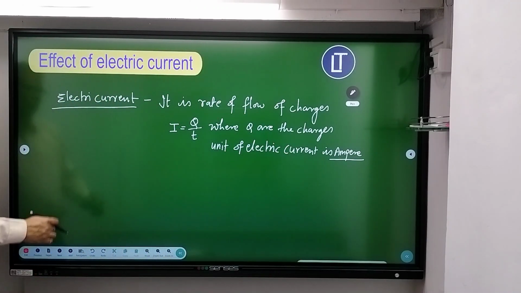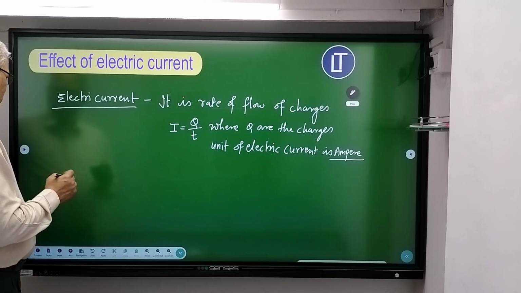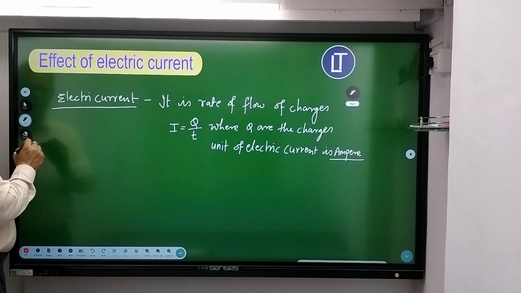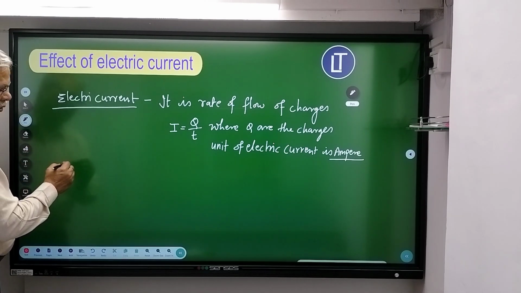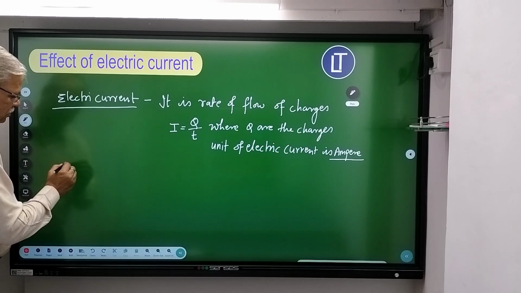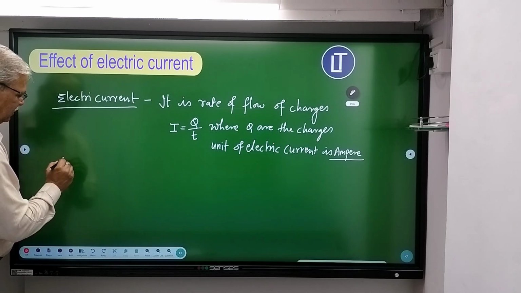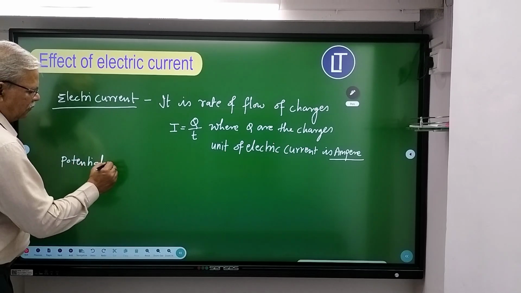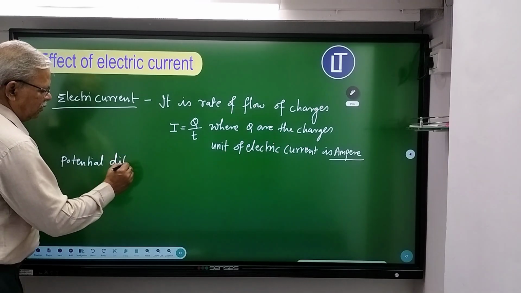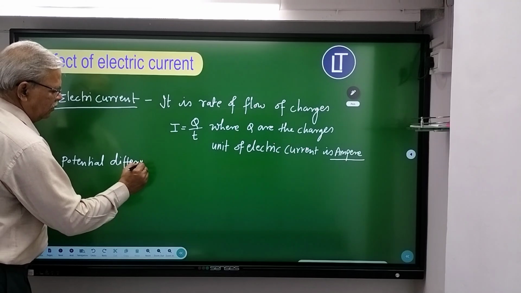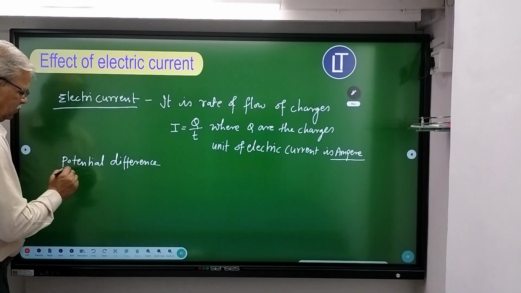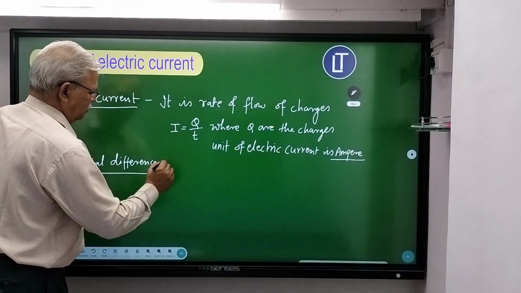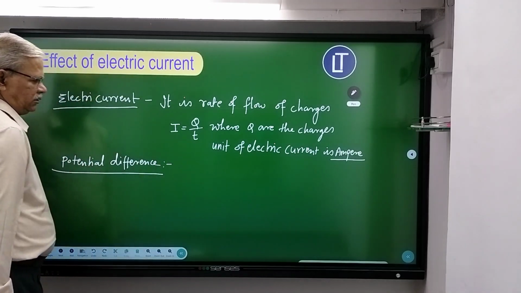Okay. Now after this, the second definition. Here I am going to write the second definition, that is potential difference. What is potential difference?